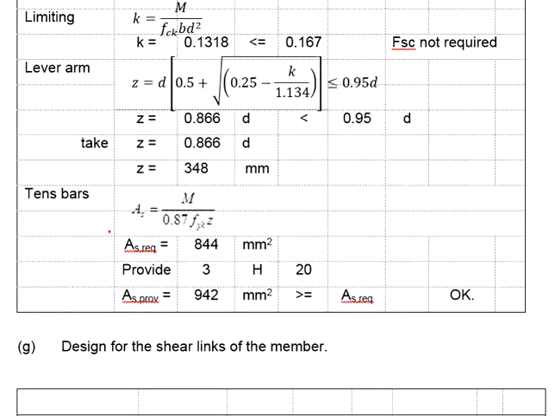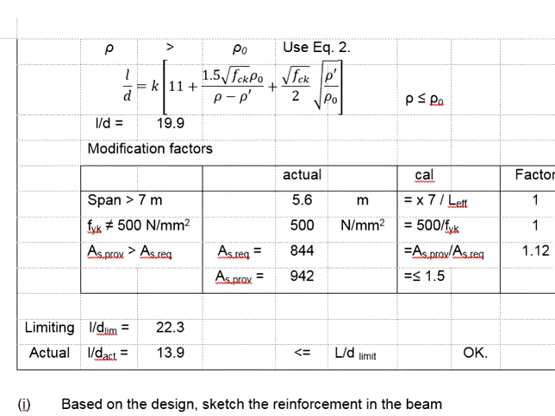The AS required is 844, whereas the AS provided is 942. Your AS provided is slightly larger than the AS required. Therefore, there will be a correction factor, which is equal to the ratio of the AS provided to the AS required.